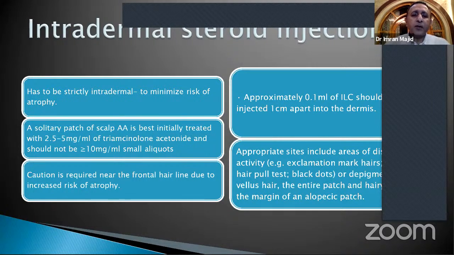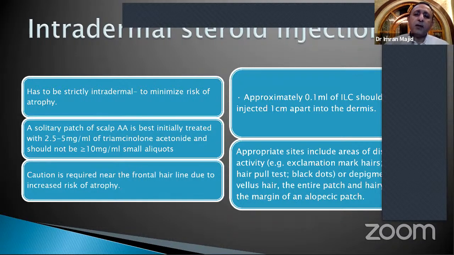A solitary patch of alopecia areata is best initially treated with 2.5 to 5 milligram per ml of triamcinolone, which should not be more than 10 milligram per ml, and has to be used in small aliquots. Caution is required near the frontal hairline due to increased risk of atrophy. So if the frontal hairline is involved, be very cautious in using intralesional steroid injections.